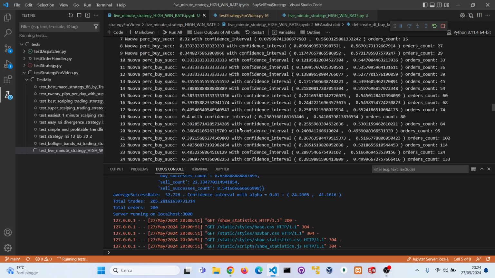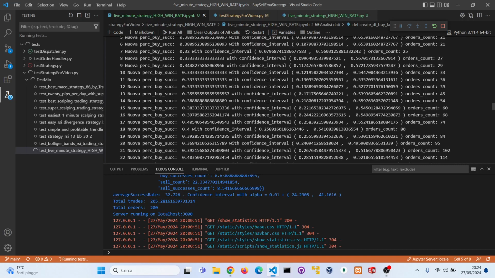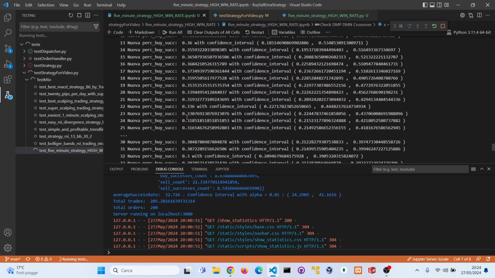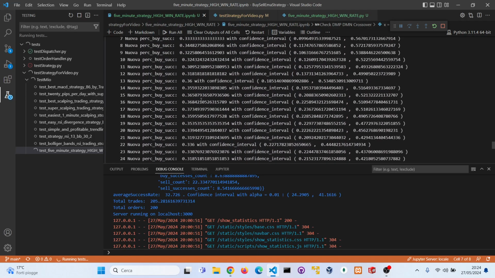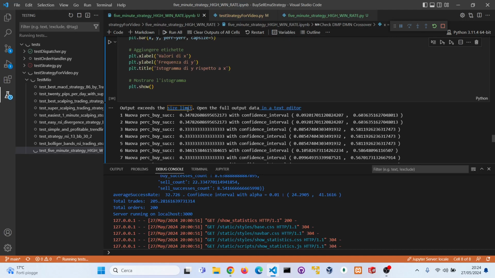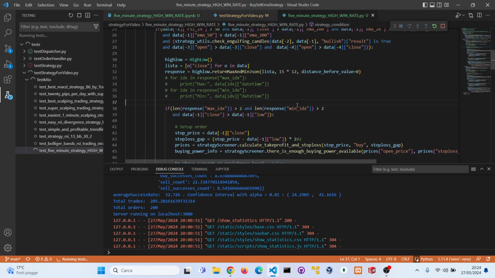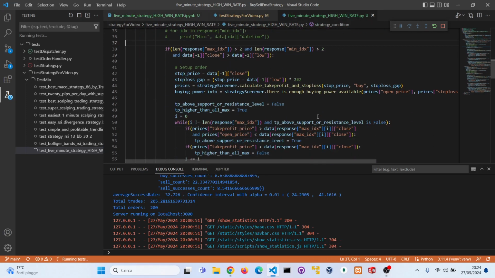And in this case, by checking for at least one DMP and DMN crossover in the last 17 plus 1 candles, your average success rate would have increased. Same thing was noted for the short position. As you can see, the new average success rate is 37 and here was 40 here. So let's add this criteria to our strategy.